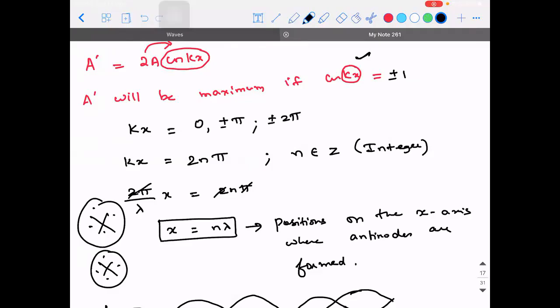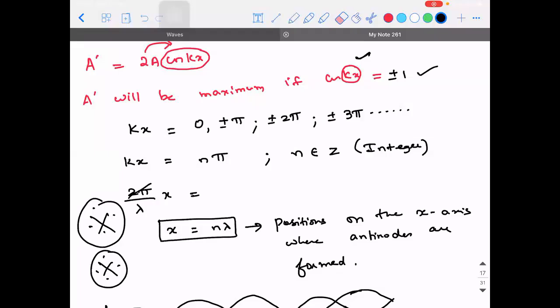Plus or minus 2 pi is how much? Cos 2 pi is 1. Cos minus 2 pi is also 1. Similarly, plus or minus 3 pi, it keeps on going like this. So for every integral multiple of pi, cos kx will either be +1 or -1. And that is a point where the antinode is formed.